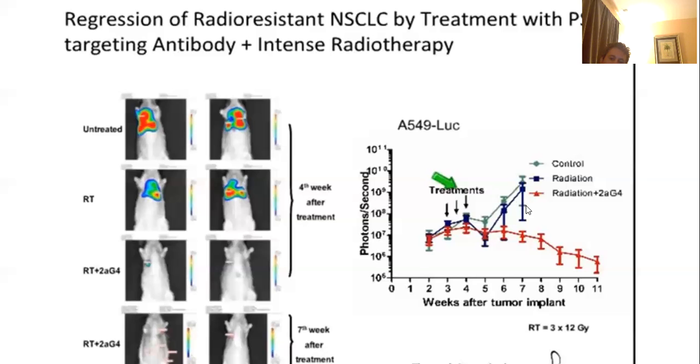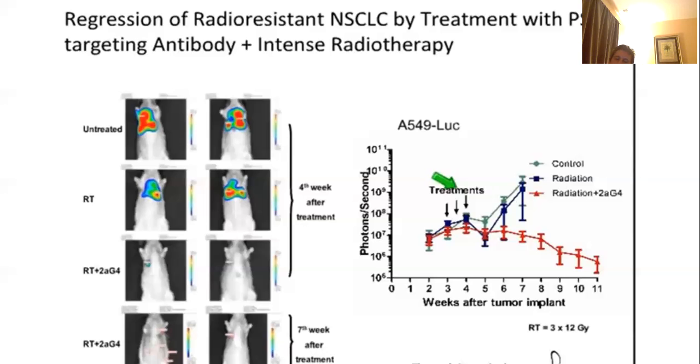And if you do radiation and antibodies that block the PS, see the red one here, you can get a way better effect. Does it make sense? So combination therapy is more effective in managing cancer.